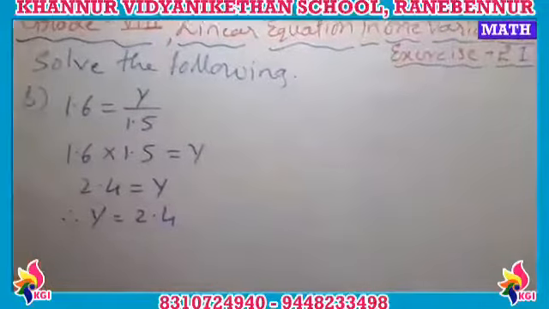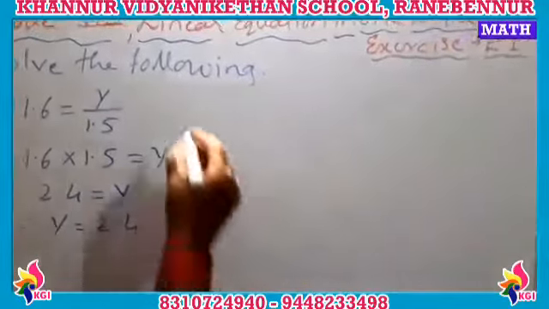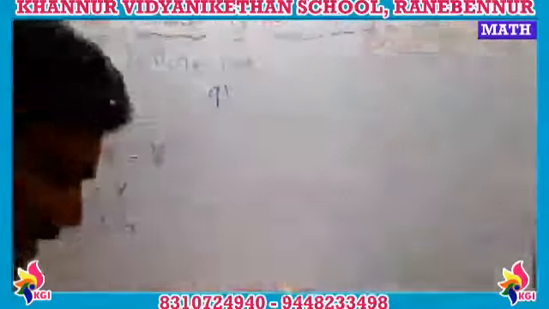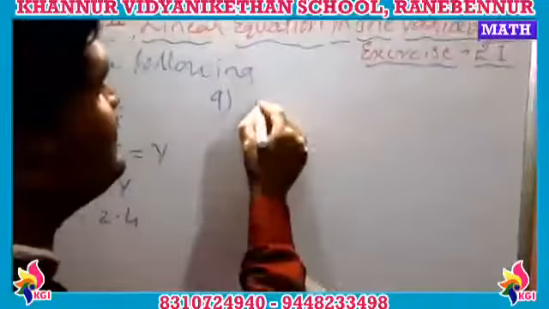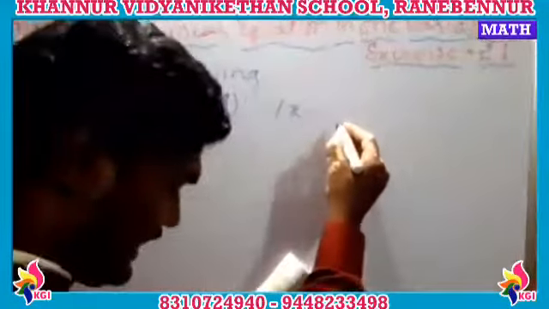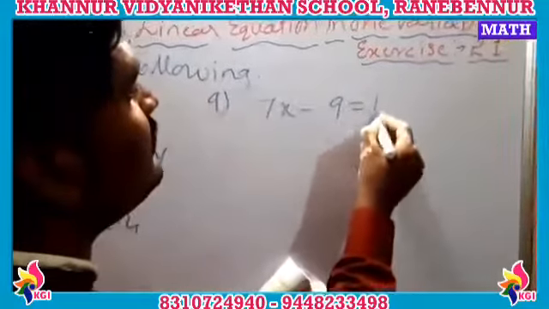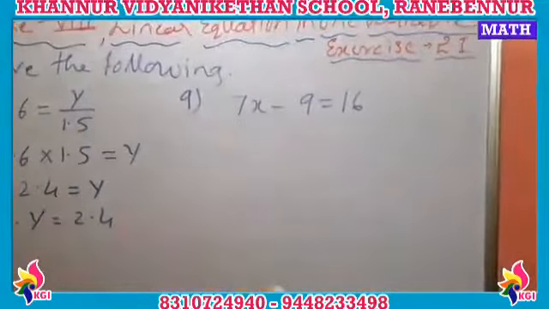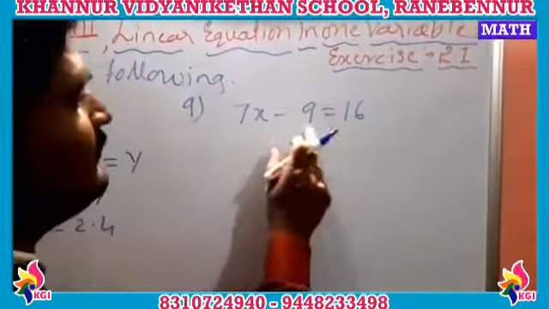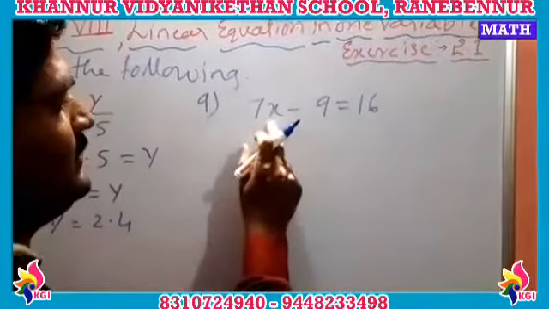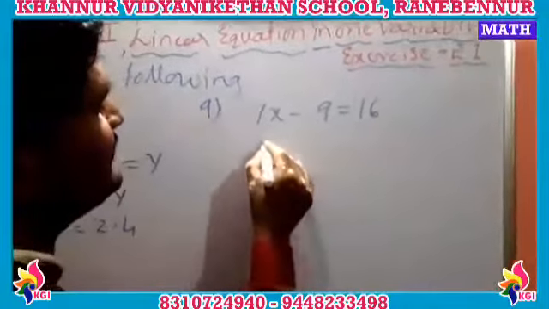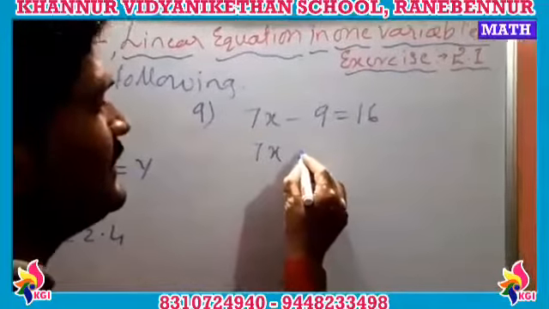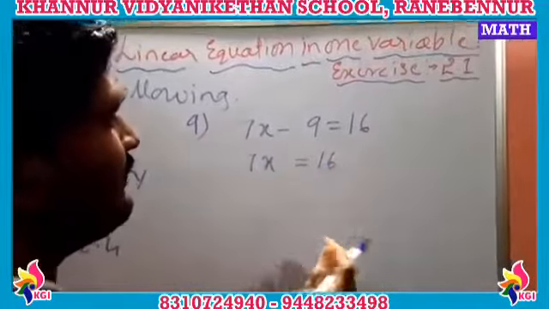So there is a reason now we have to go for the next one. That is the 9th one. What is there in the 9th one? Here also it is very interesting. 7x minus 9 is equal to 16. Why is it interesting? Here you have 2 types of operations. As I have a difference over here and the product over here. So I want to make first 7x keeping as it is equal to 16. Sir, where is minus 9?